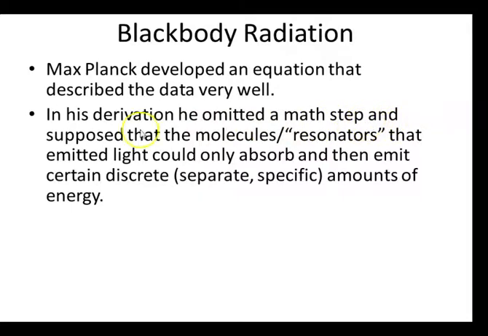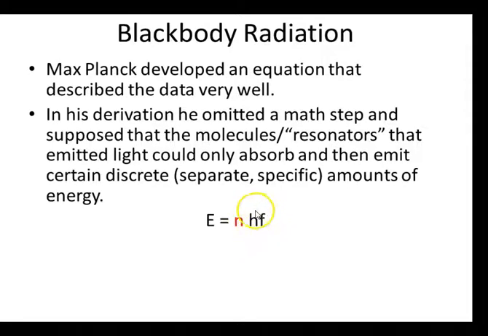And he supposed that the molecules or the atoms, the resonators, that emitted light could only absorb and then emit certain discrete, separate, specific amounts of energy. They can't have any energy they want. The energy of the resonators is some whole number multiple, some positive integer multiple, of this little amount of energy, okay?